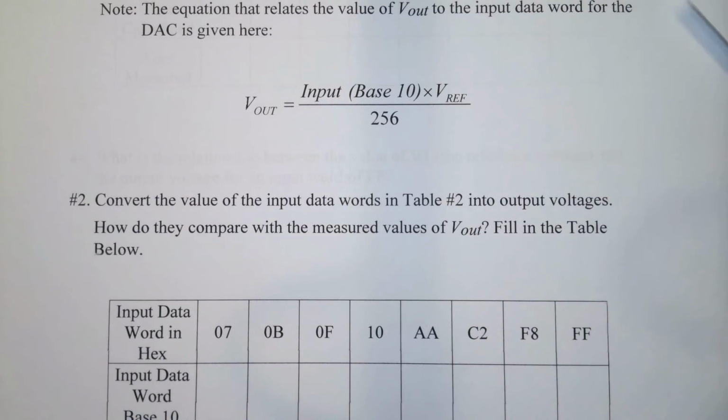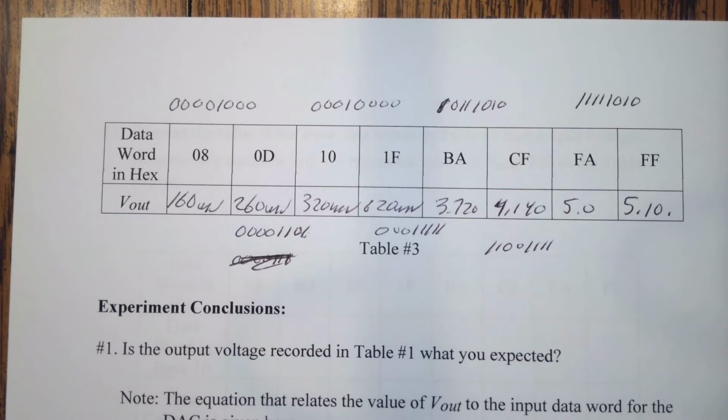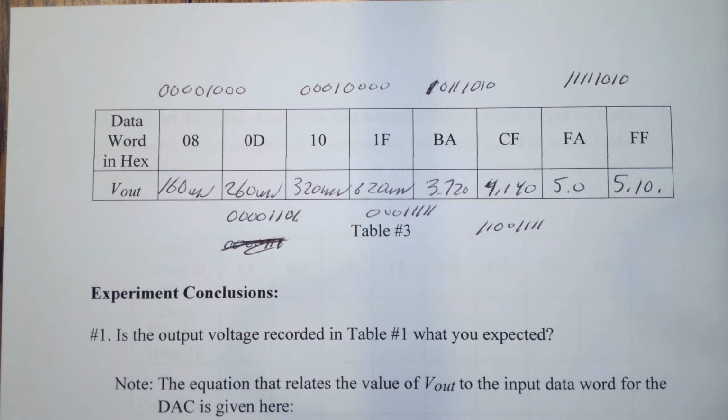Those are the values I got, the measurements. The next thing we did was change the reference voltage, doubled it, and put in these values for the data words. That is what the switch conditions were.